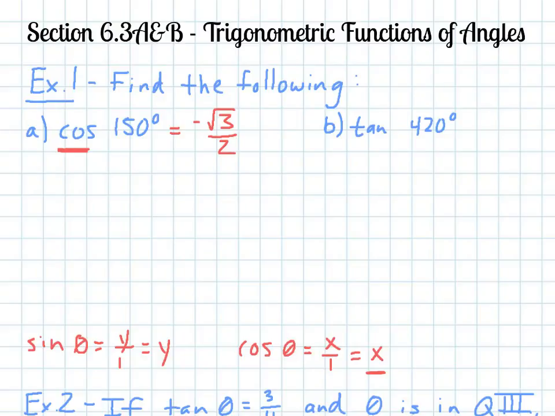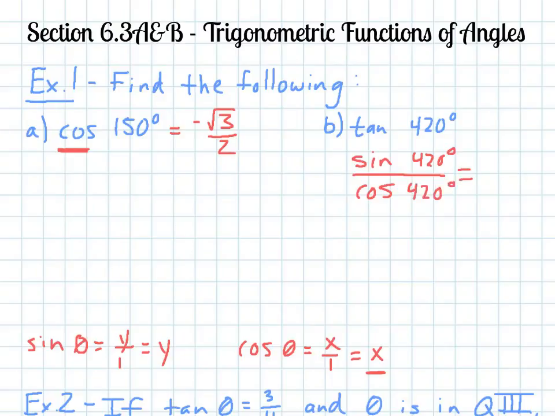Okay. Now with tangent, or like any other trig functions, we have to use our y and x values to manipulate them to get what we want. So tangent, remember, is sine over cosine. So here it'd be like looking for the sine of 420 over the cosine of 420.